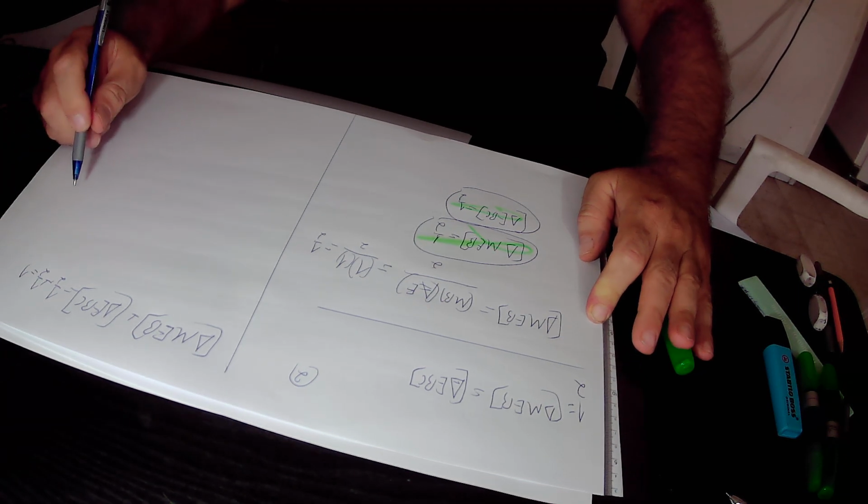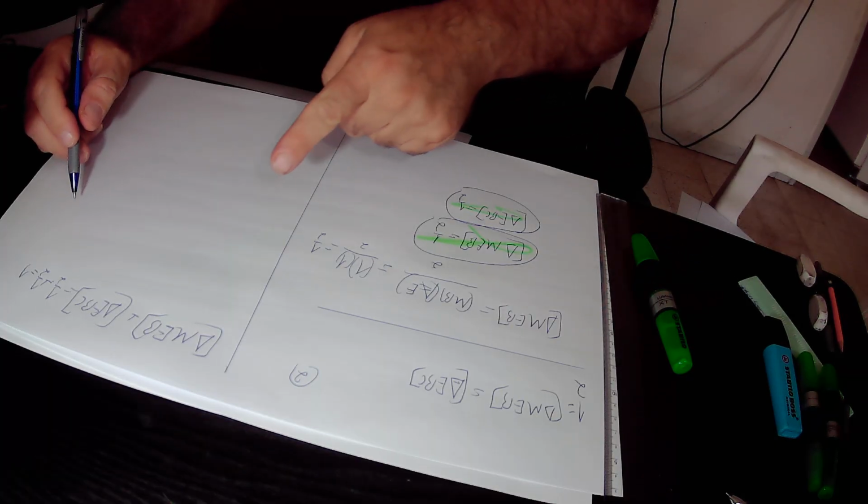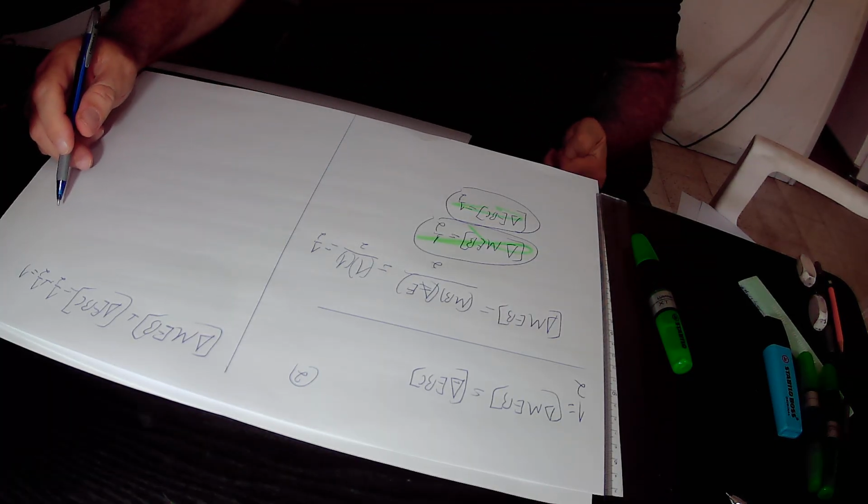So in total, we found out that the area of triangle MEB plus the area of triangle EBC equals 1 square in its size.